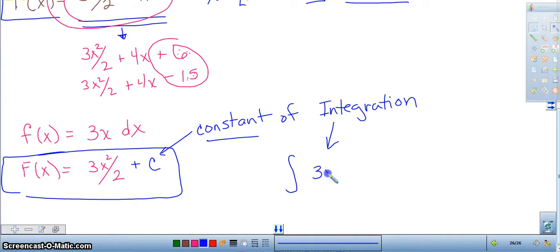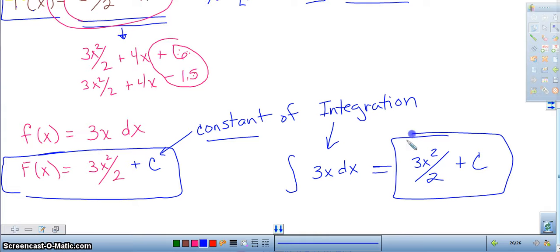If I integrate 3x dx, that gives me 3x squared over 2 plus some constant of integration. This again is my general solution. So integrating indefinitely, meaning I don't have an upper or lower boundaries, is the same as finding my antiderivative.